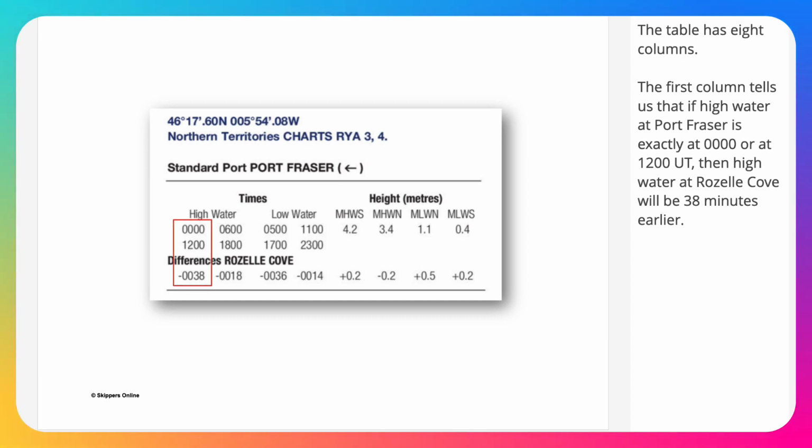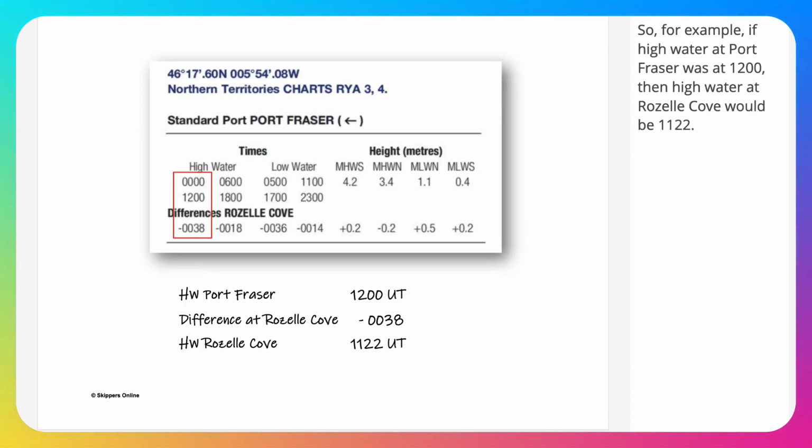The first column tells us that if high water at Port Fraser is exactly at 0000 hours, or at 1200 UT, then high water at Rozelle Cove will be 38 minutes earlier. So, for example, if high water at Port Fraser was at 1200, then high water at Rozelle Cove would be 11:22.